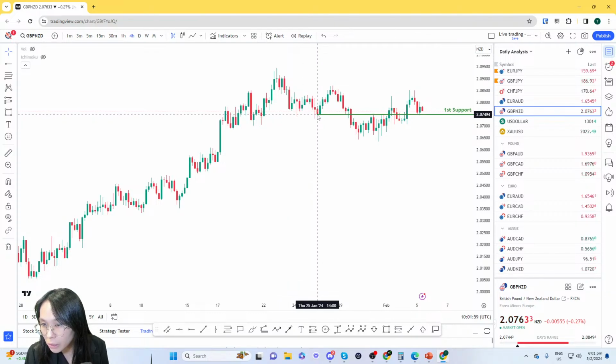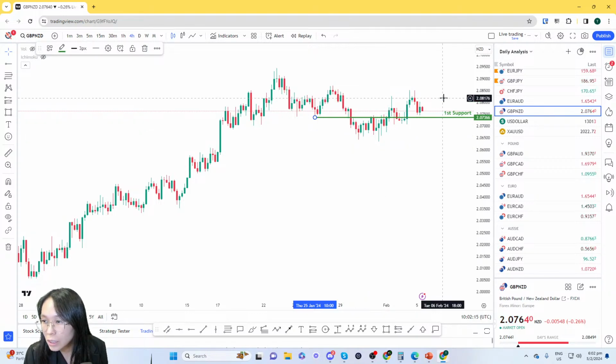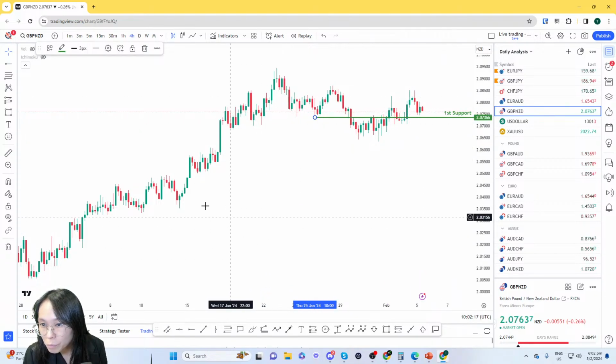Should I place it at the body here or the end of the wick here, so as to connect as many wicks as possible by not cutting through the body? I guess this is a better level as it only cuts through this one body here. So this will be my first support.